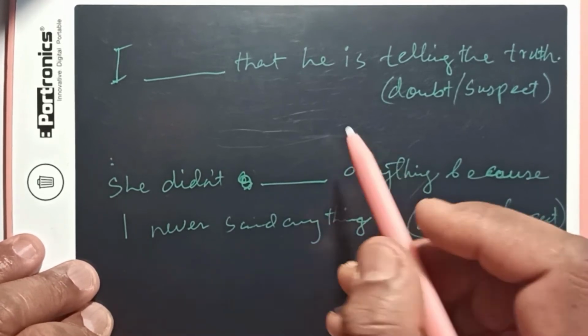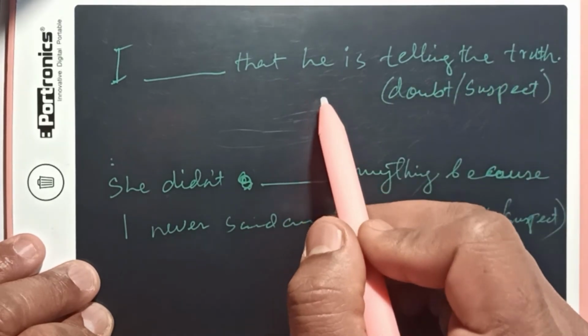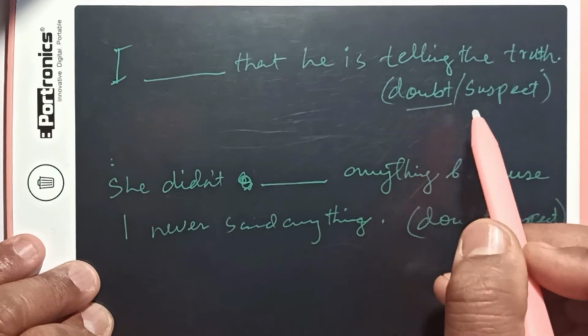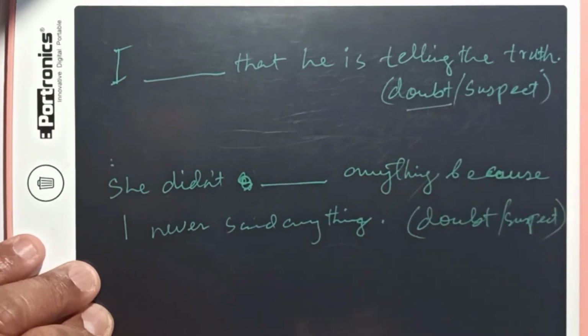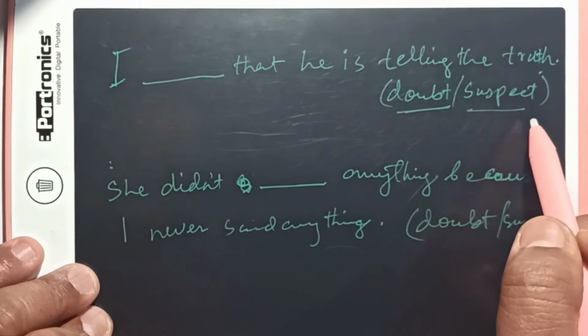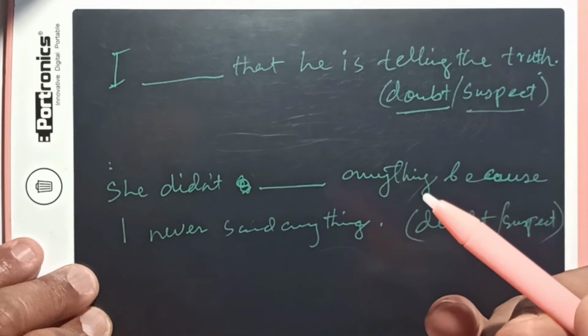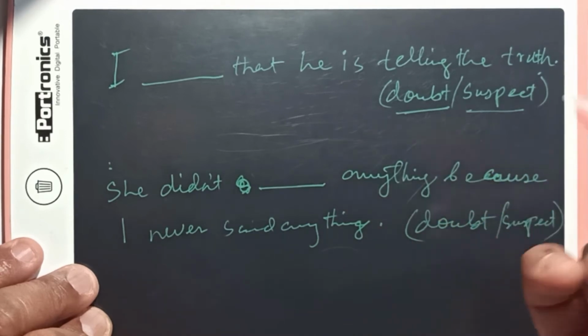So in the first case, he is telling the truth. When we talk about doubt, it means you think something is not true. And when we talk about suspect, it means you think something may be true, may not be true, especially when someone is telling something opposite.